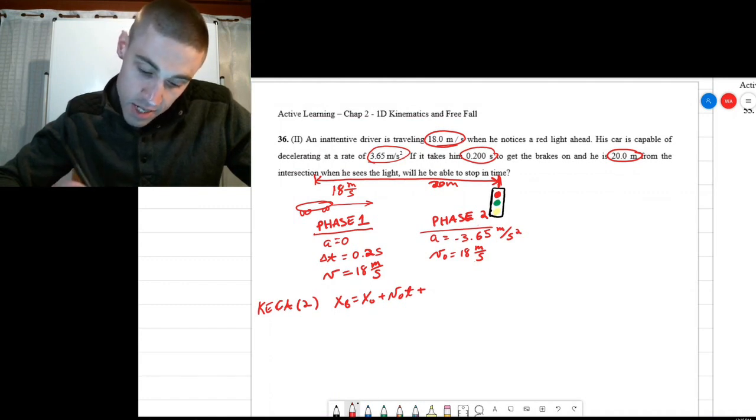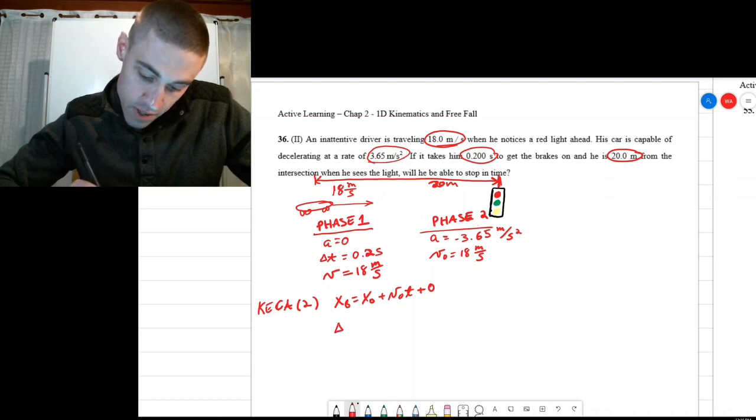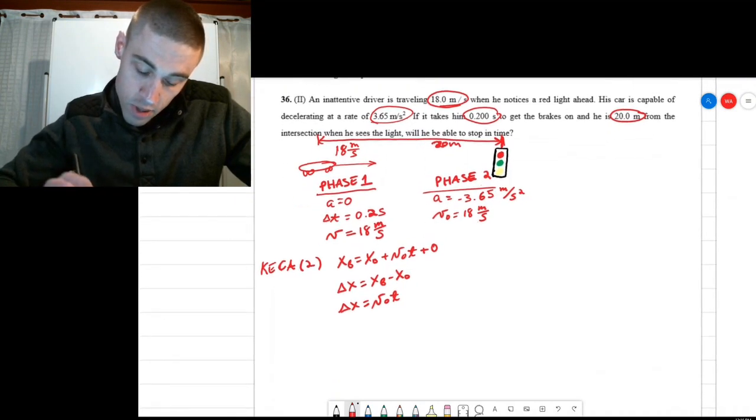But the acceleration here is 0, so that term is going to be 0. I can shorten this by writing delta x for x final minus x initial. So I have delta x equals v0 times t. The velocity is 18 meters per second throughout the whole time, and it takes 0.2 seconds for him to get his foot on the brake.